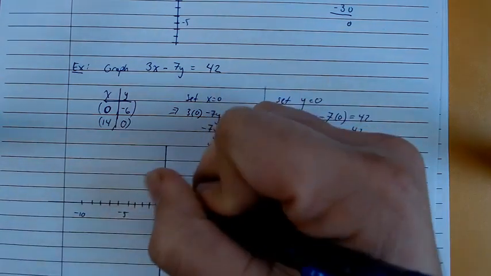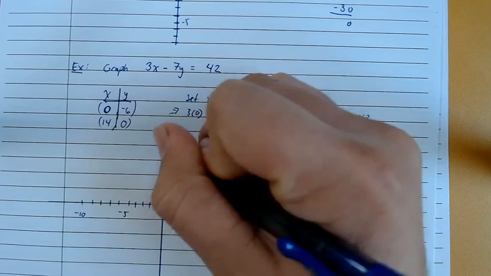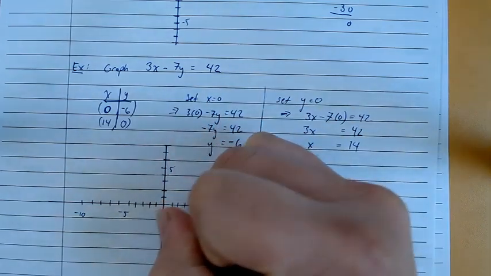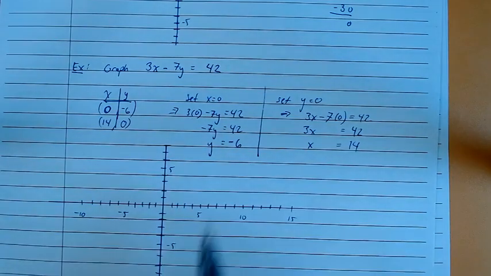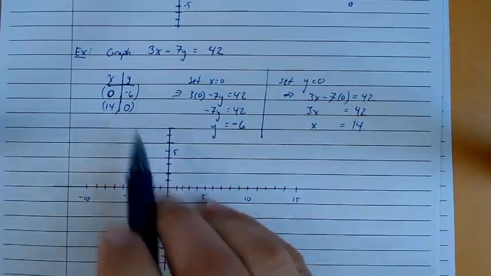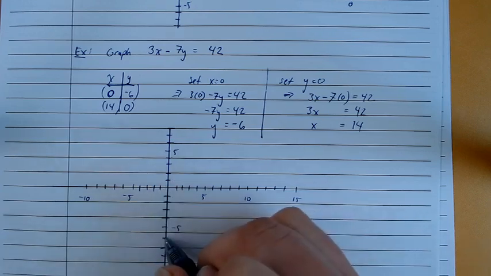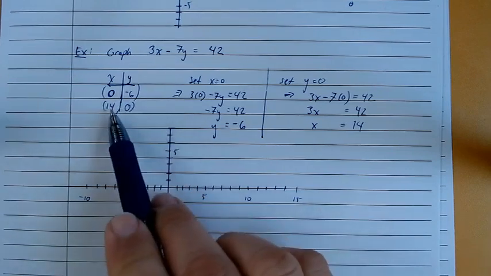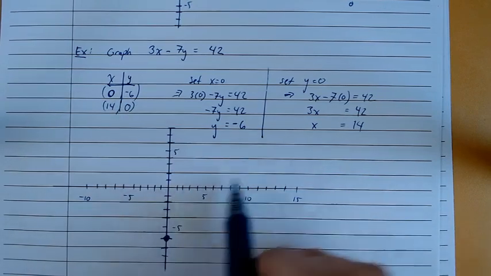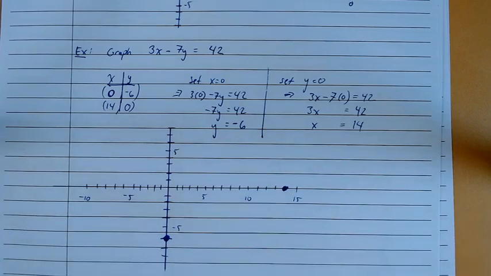My y values, let's do 1 through 8, and 1 through 8. All right. We can plot these points. 0 comma negative 6 means don't go left or right, but go down 6 steps to this point here. 14 comma 0 means go 14 to the right, and then don't go up or down at all. Just stay right there on the x-axis.